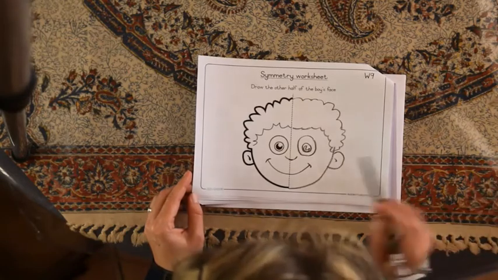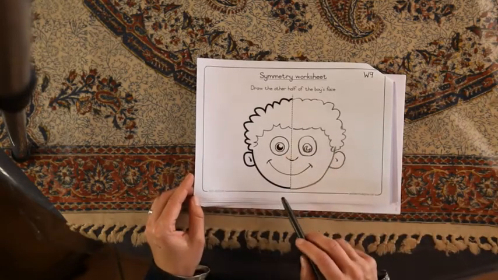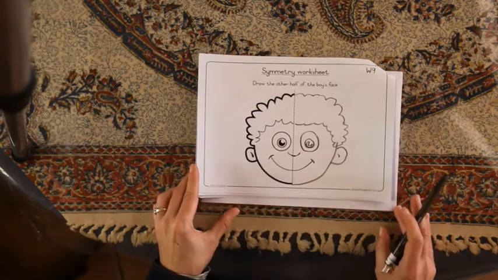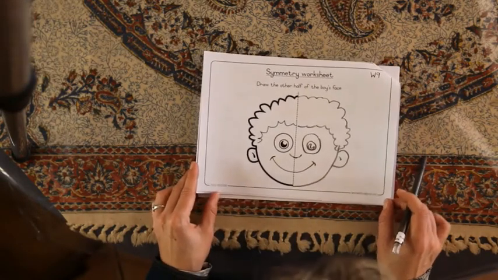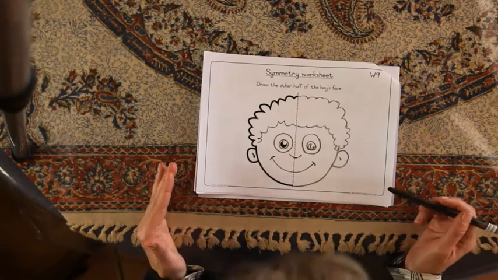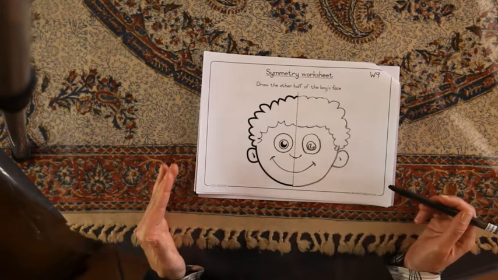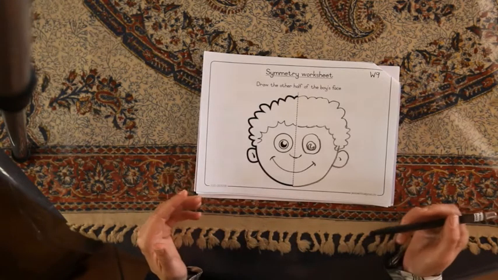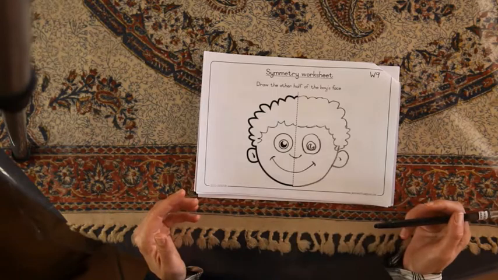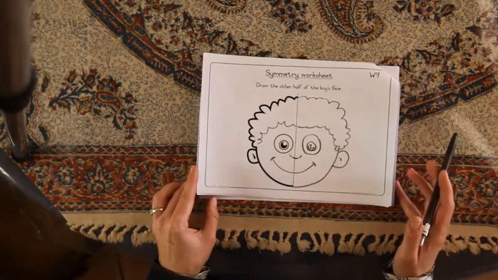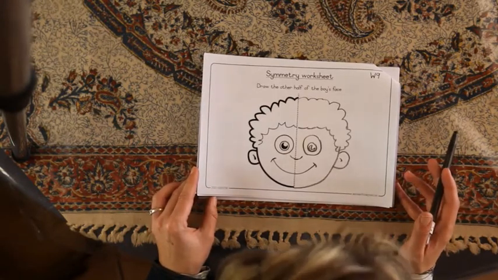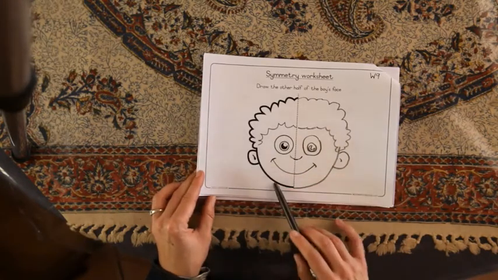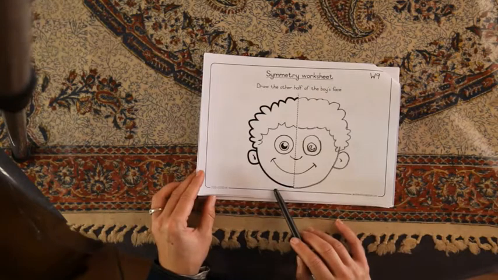When your child is done drawing the face, he or she can color the boy as well. When your child has completed the worksheet, it will look more or less like mine. Remember, each attempt has to be praised. Even if the other half of the face that your child has drawn doesn't look exactly like the other half on this page, it is fine.